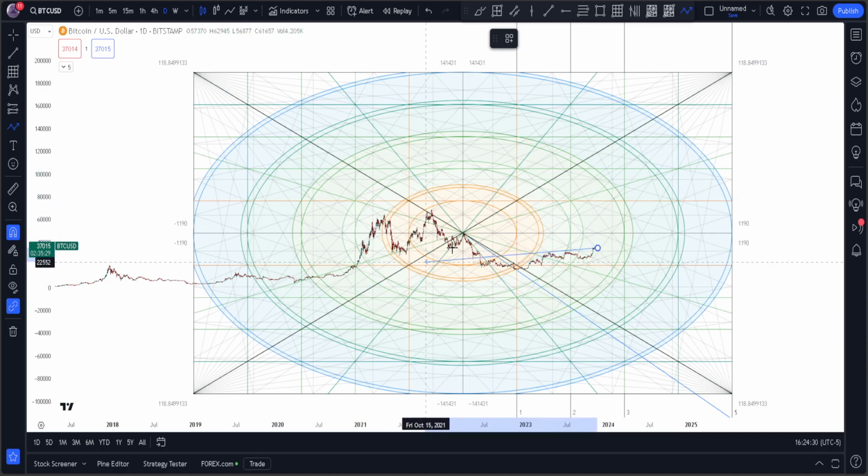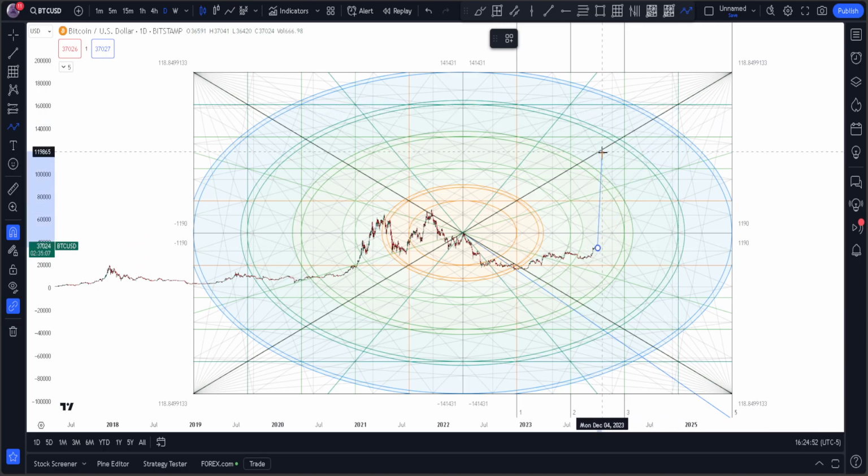If price is to meet equilibrium, which is what is meant through Gann's work, when this middle angle of the Gann square comes into play, and that were to happen today, that would be a price of 118,500 or so. Realistically, price is probably going to take some more time to get there.